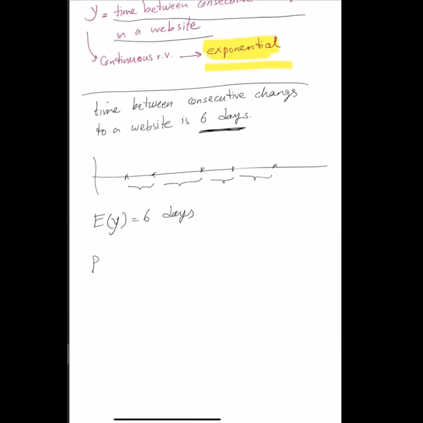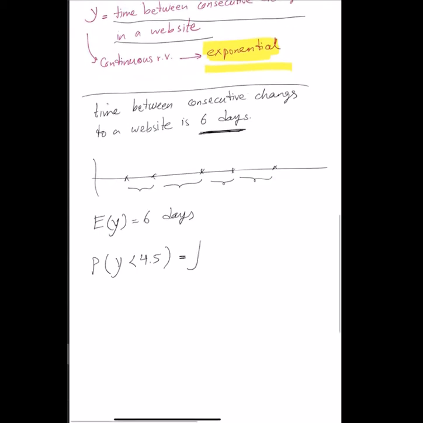The probability that the time till next change, which we show with random variable y, is less than 4.5 days. We know the formula for the exponential random variable, so that is the integral from 0 to 4.5 days of lambda e to the power of minus lambda x dx.